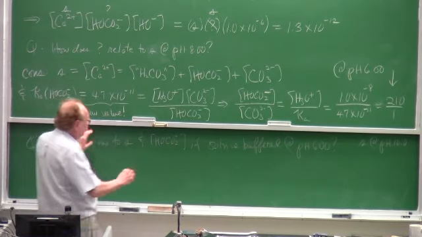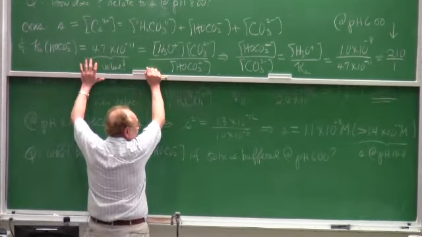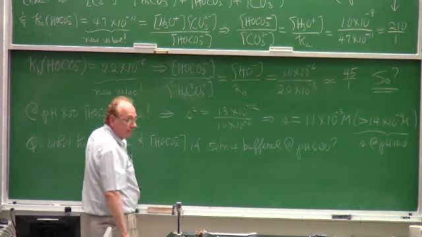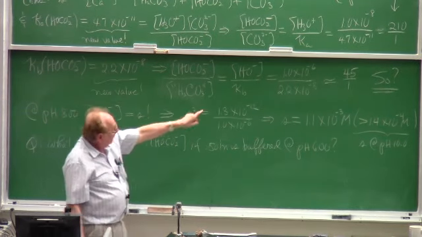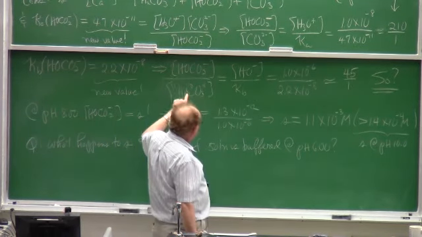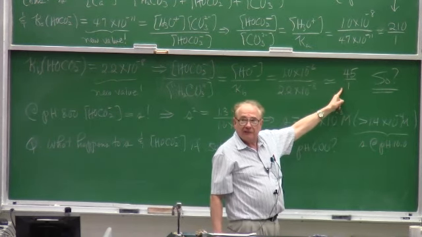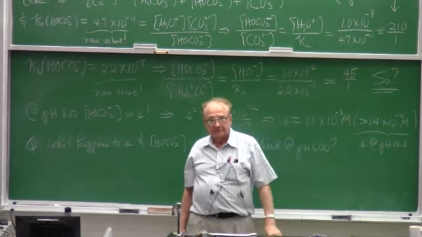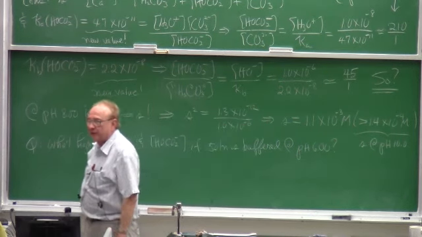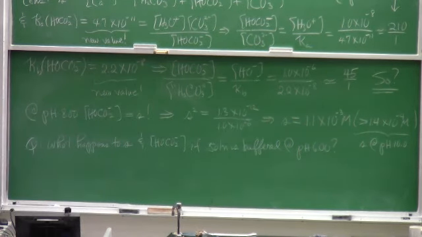But let's go back to this. Here is the bicarb to hydrated CO2 ratio at pH 8. What happens to this ratio at pH 6? Put another way, at pH 6, what is the predominant form of carbonate containing stuff?